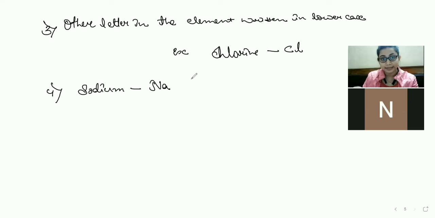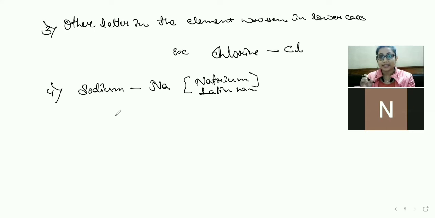Its Latin name is natrium, so from here Na came. Some elements are named from a Latin name, and we put together the uppercase and lowercase. Sodium is an example. It came from natrium, that is Na.